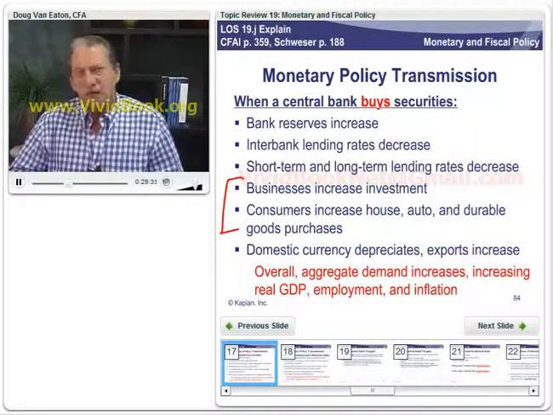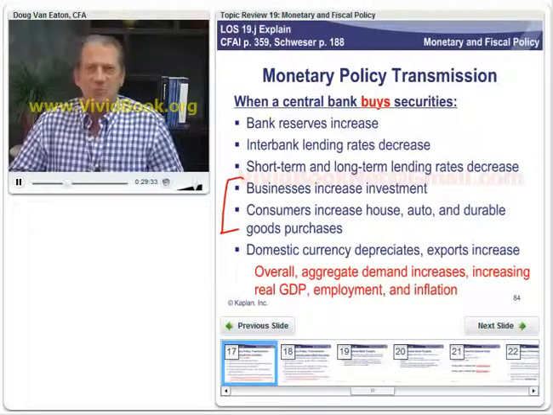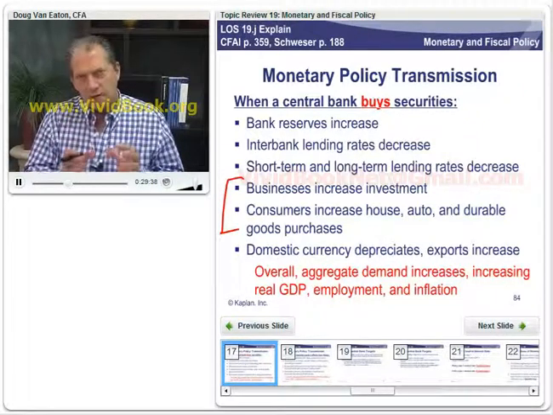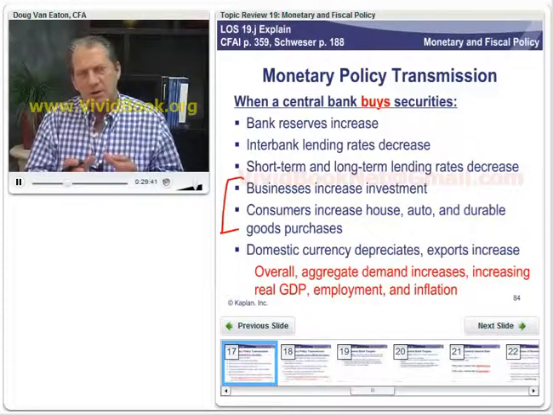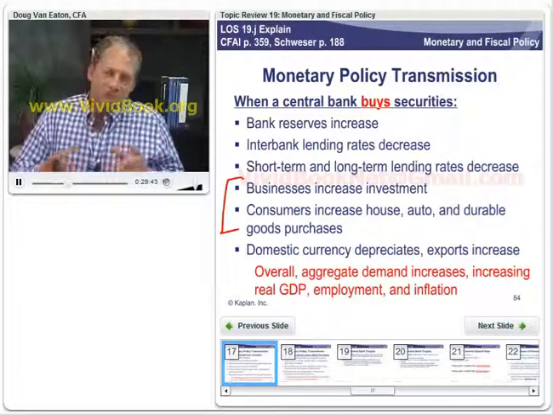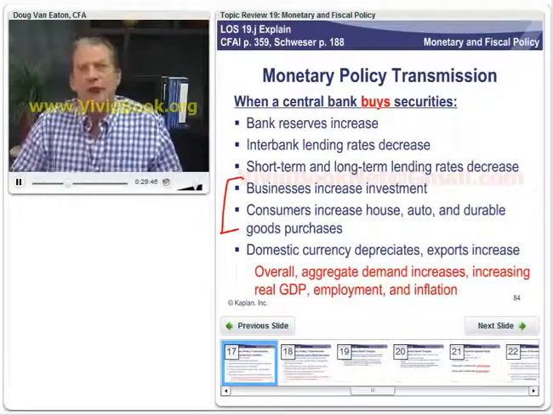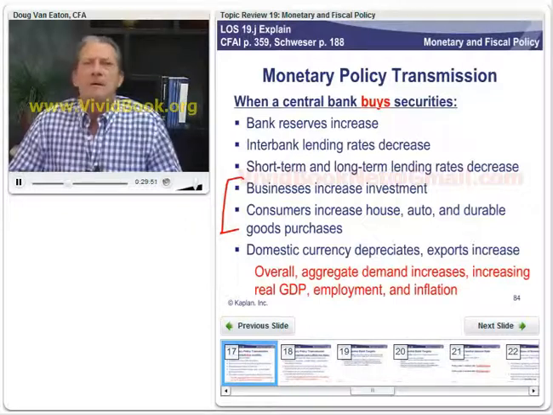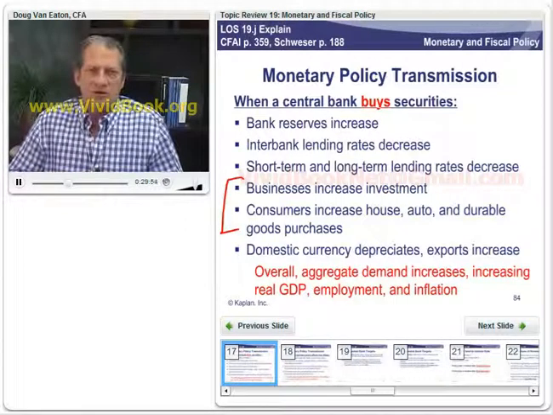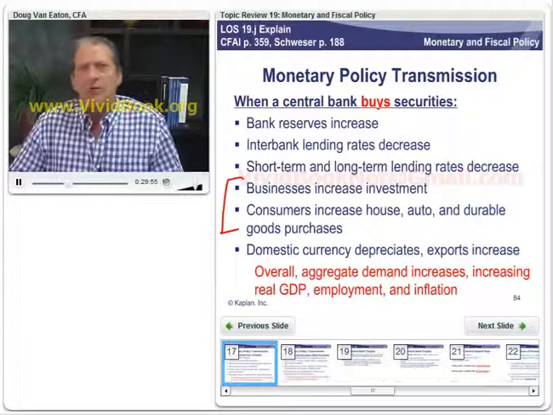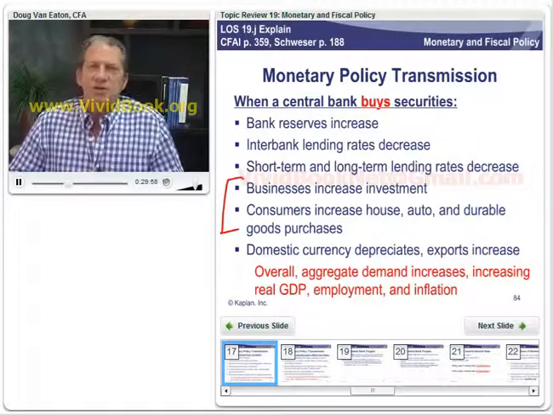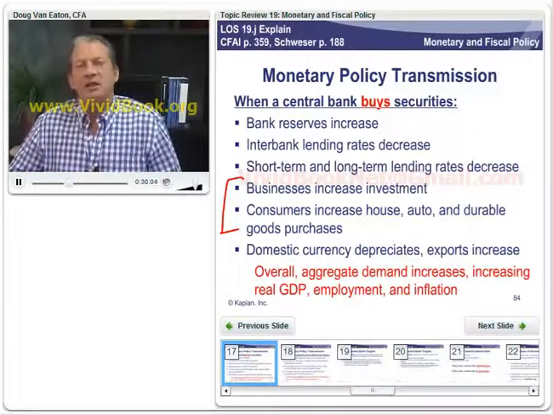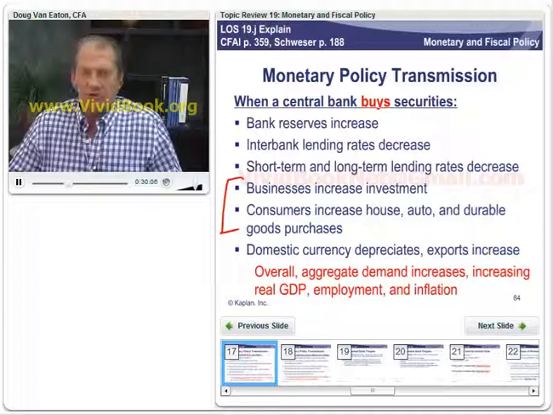So, another effect is that the domestic currency depreciates. Right? We've got a money supply, we've got a foreign exchange rate equilibrium, and now there's more money. Well, if there's more dollars, then they're worth less in comparison to other currencies. So this is why we say the depreciation of the currency. And also remember from an earlier lesson, this depreciation of the currency makes the domestic country's goods less expensive to foreigners.